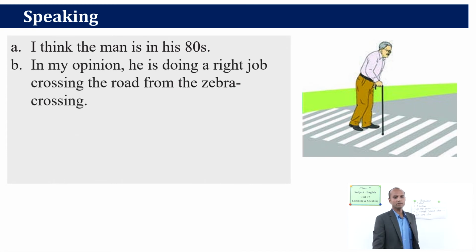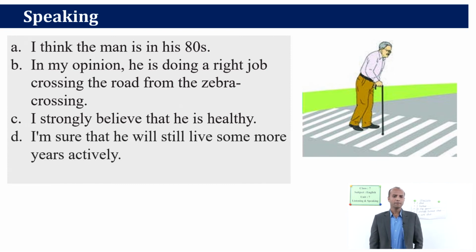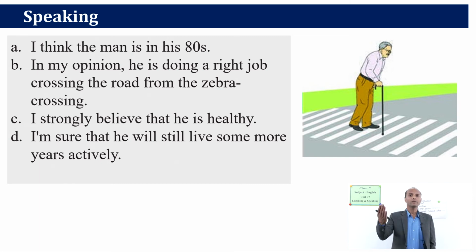In my opinion, he is doing a right job crossing the road from the zebra crossing. Next, I strongly believe that he is healthy. Next, I'm sure that he will still live some more years actively, means he is healthy, that's why I believe that. Very good. So let's make similar sentences.